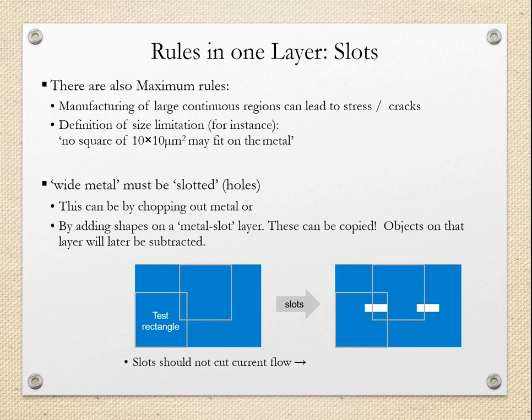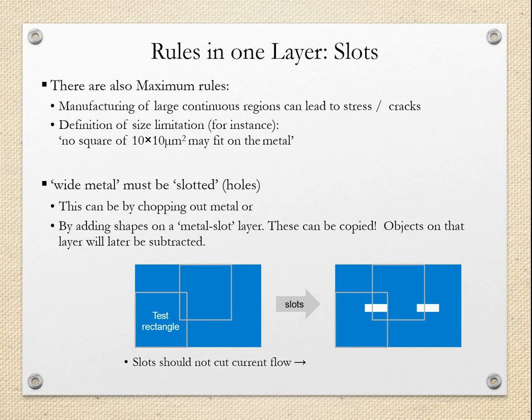There are also some maximum rules, that is, manufacturing of large continuous regions can lead to stress or cracks. So the definition of size limitation is the number of squares of 10 by 10 micrometer square that may fit on the metal. The wide metal must be slotted, with the help of holes.